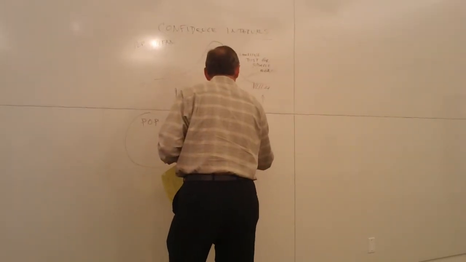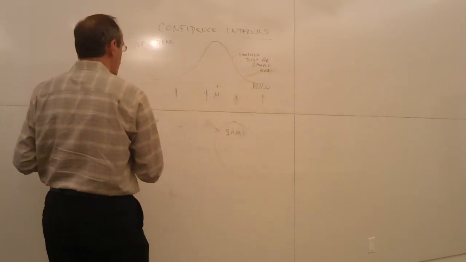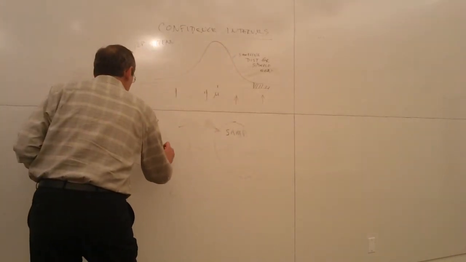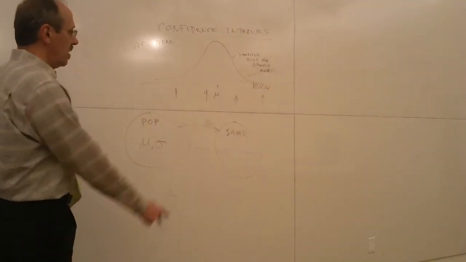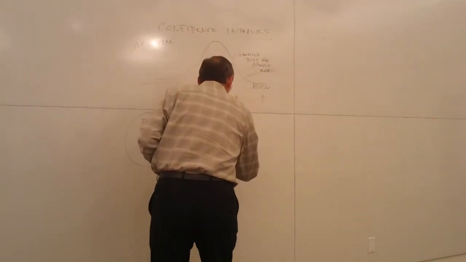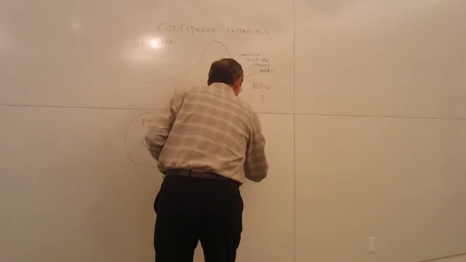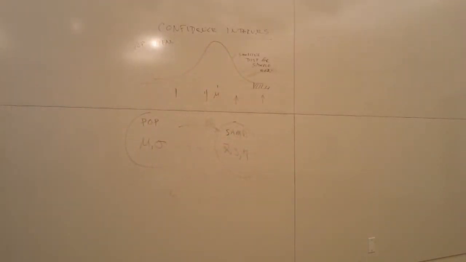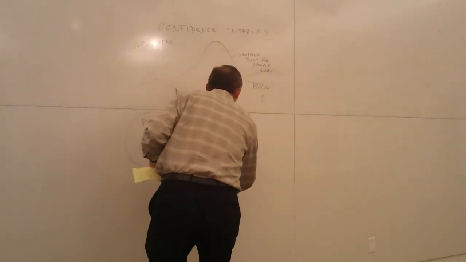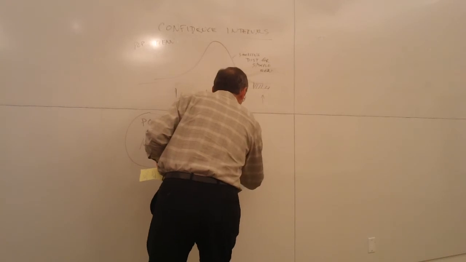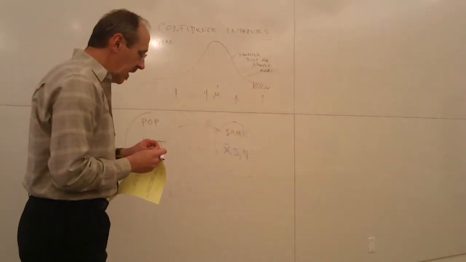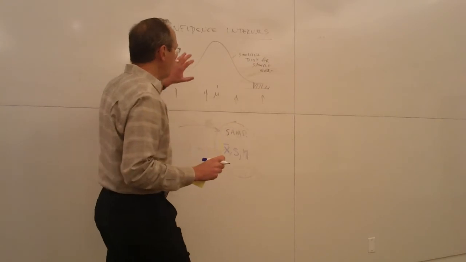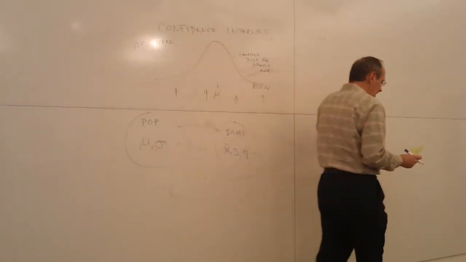Oh, much better. Okay. How would I describe the population? Well, if it's normal at least, I have a mean and a standard deviation. So I've got a sample. I can calculate the sample mean, the sample standard deviation, and of course I know the number of samples I took. X bar, S, and N.